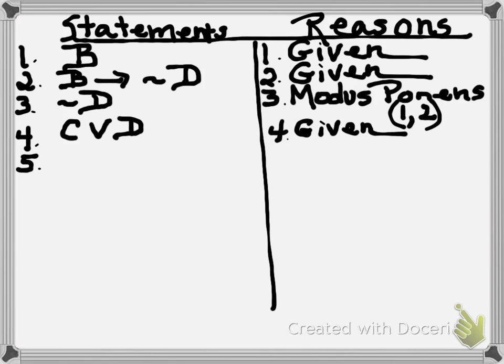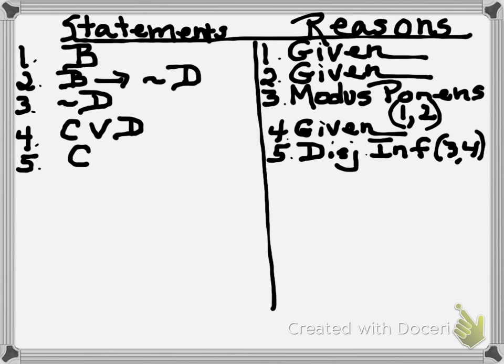And then C is true by disjunctive inference, and I'll let you abbreviate this one. And that refers to lines 3 and 4.